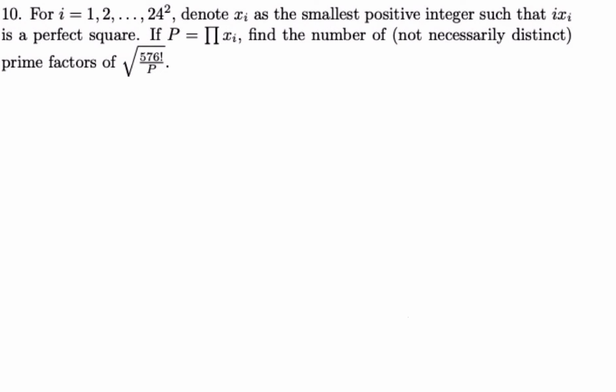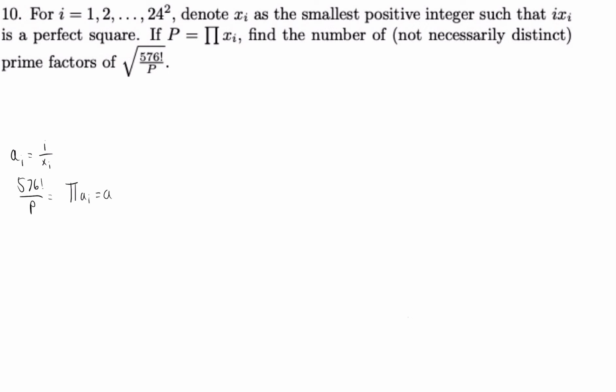Okay. Let's define a new sequence, a_i. Let's just say a_i is equal to i over x_i for all i between 1 and 576, which is 24 squared. Notice that 576 factorial over P is equal to the product of all a_i. Why?